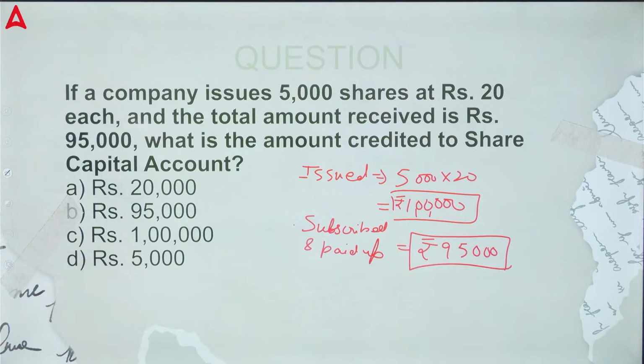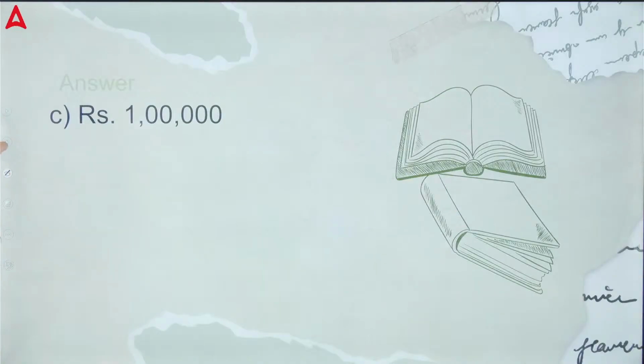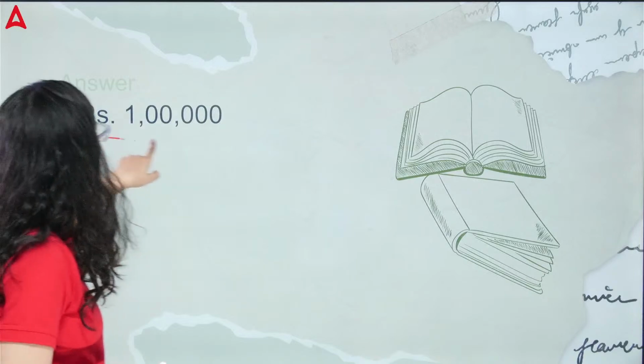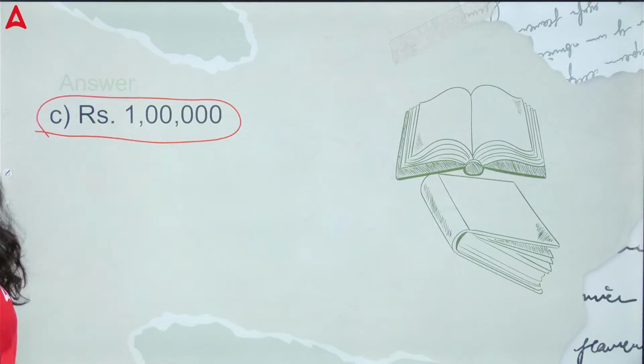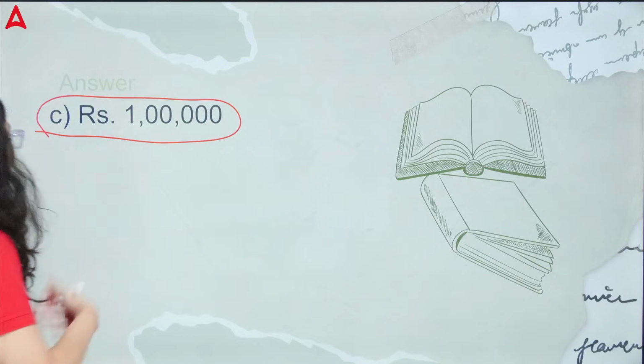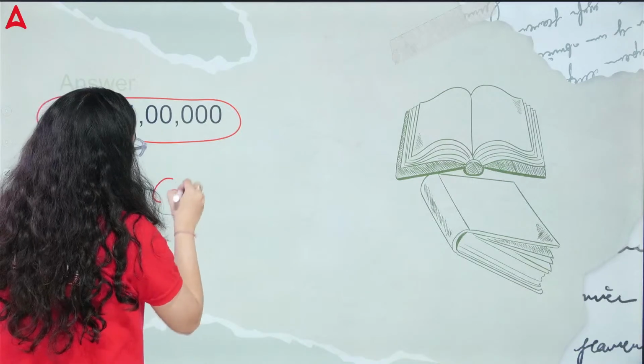In this case, what would be the amount that we are putting in the share capital account? They have issued 5,000 shares. When we are recording it, till now we have made up to 1 lakh, with 95,000 in the remaining portion. Maybe that would be calls in arrears.